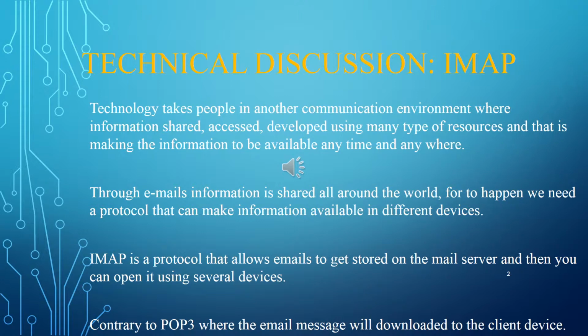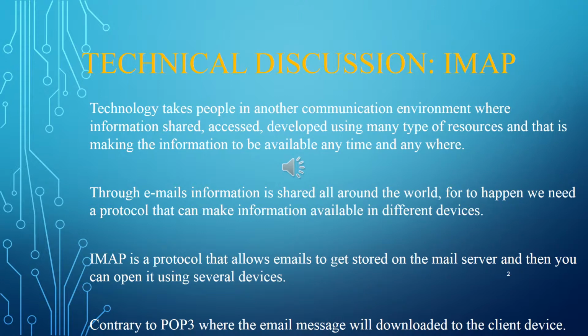It downloads the whole email, which is completely different from IMAP, because IMAP lets you initiate the download. It's up to the user to download the entire email or not, whereas POP3 downloads it automatically. That's the main difference between POP3 and IMAP.